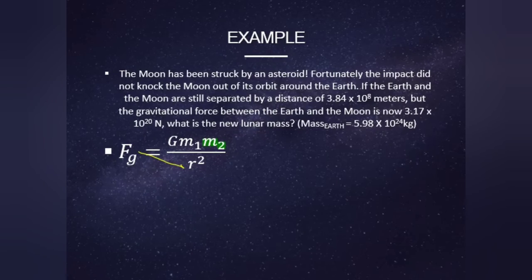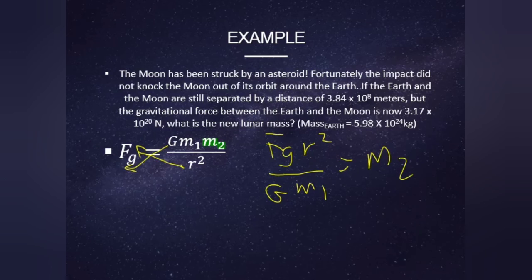So that means the r squared is going to go on top. The big G and the m1 is going to go at the bottom. And we're going to end up with Fg r squared divided by big G m1 equals m2.